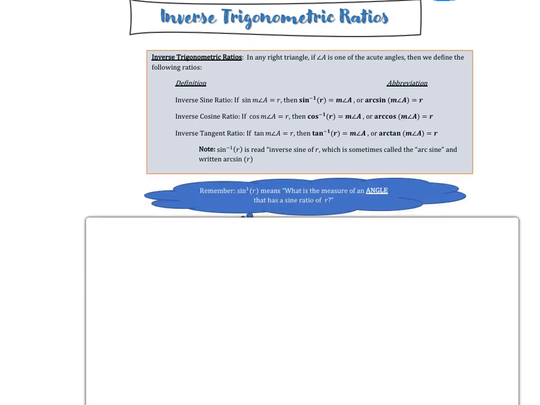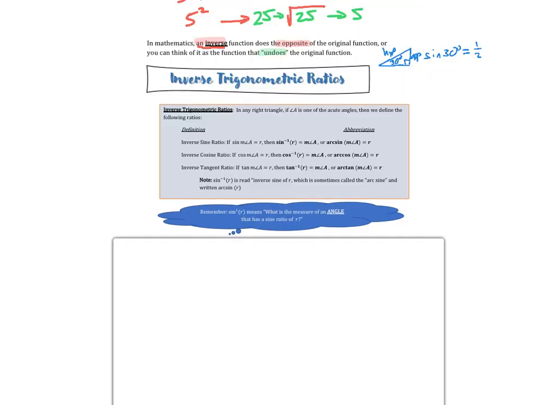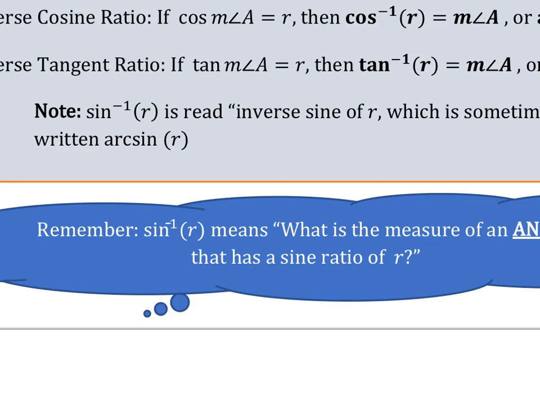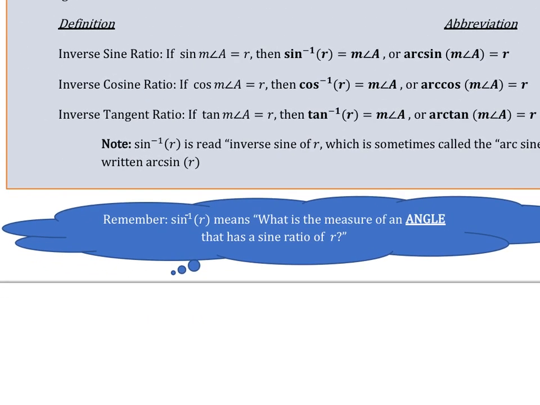So the key is that when we're finding the inverse sine, that means find the measure of the angle that has a sine of ratio R. When we're finding the sine -1, we don't read it as sine of the -1. We read it as inverse sine. It's asking a question saying, what is the angle that has that given sine?